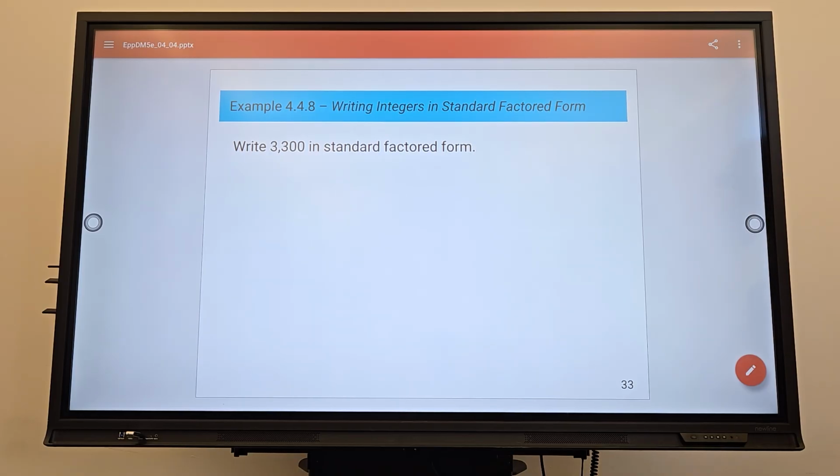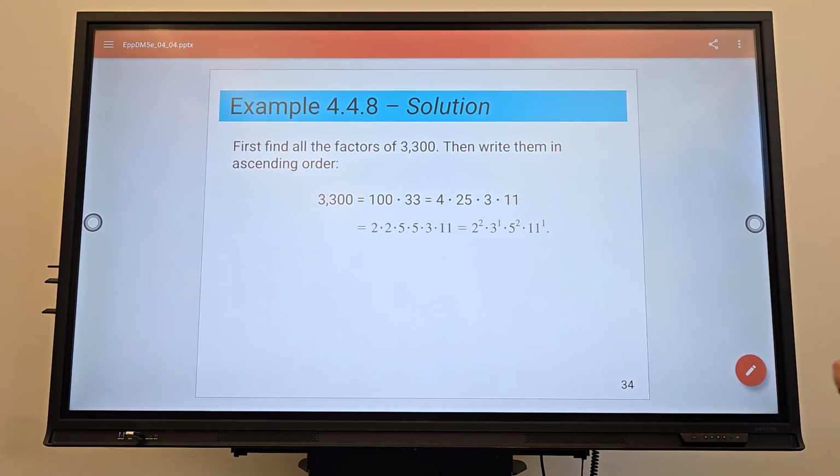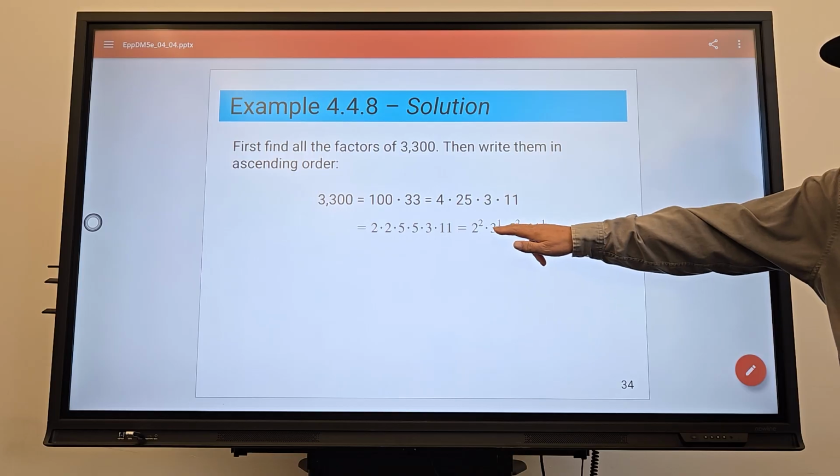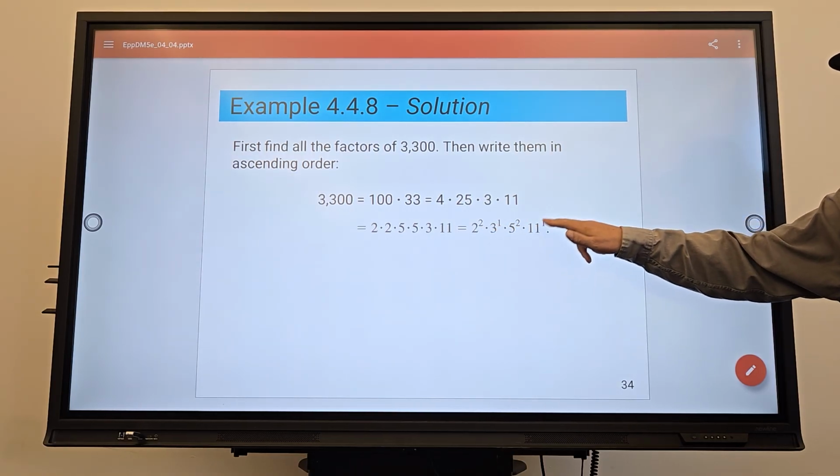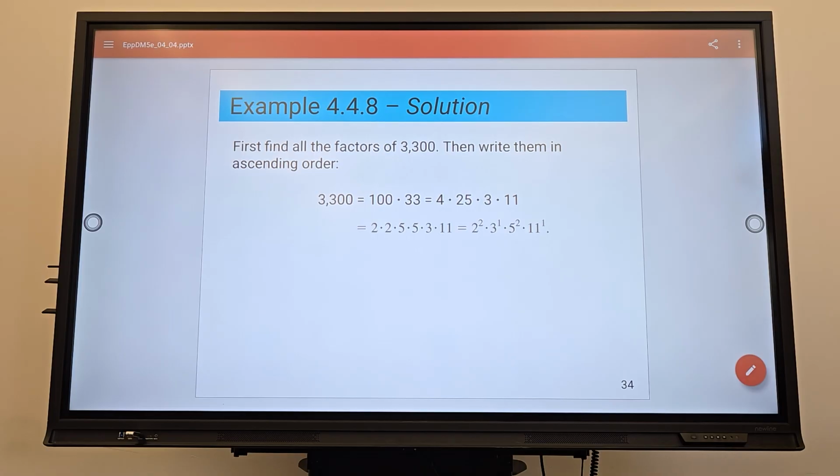Sounds right. All right. So 2 to the power of 2, 3 to the power of 1, 5 to the power of 2, 11 to the power of 1 in standard form.